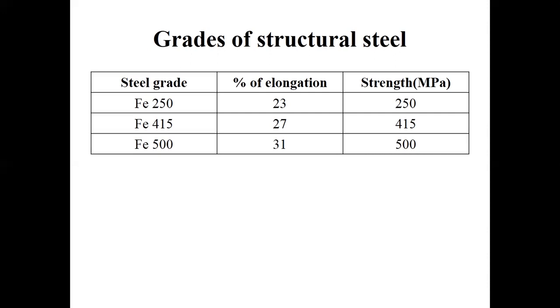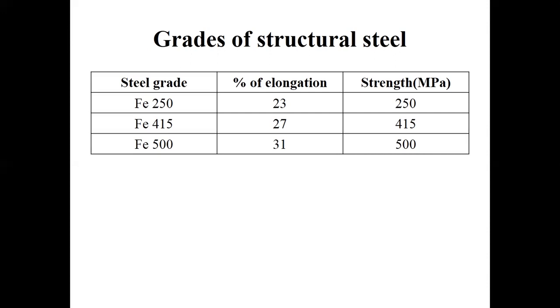And you should note one more thing. In the design of steel structures, we use the ultimate strength of the steel. Whereas in the design of reinforced concrete structures, we use the yield stress of the steel, because the design of concrete structures is based on the under reinforced section.